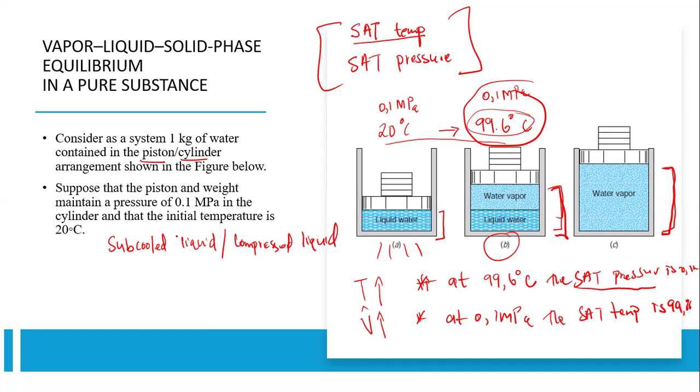So now, what is this term? What does this term mean? It's simple. Remember, we just spoke about the saturation temperature and saturation pressure, right? So what is the temperature? Saturation temperature is 99.6 degrees Celsius. So of the liquid, if the liquid experiences a temperature that is below 99.6 degrees Celsius, what do we call that liquid?